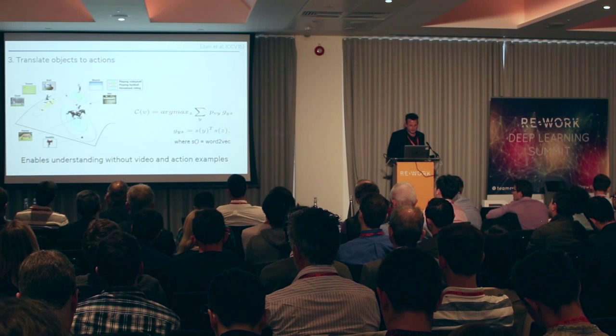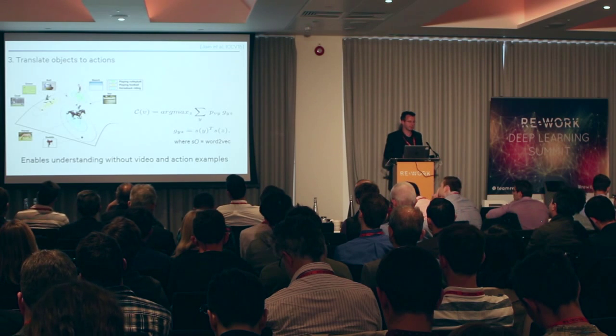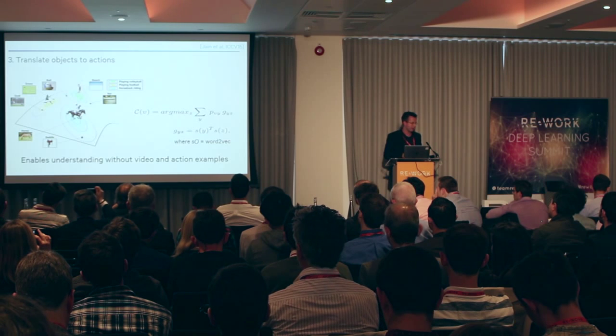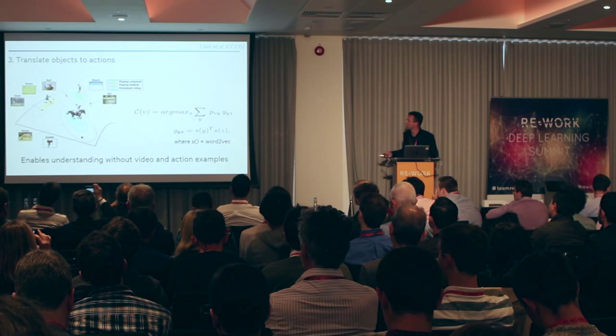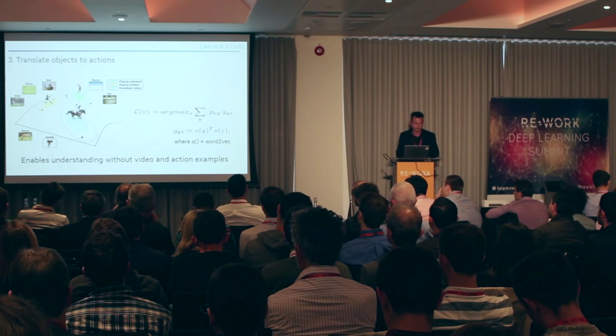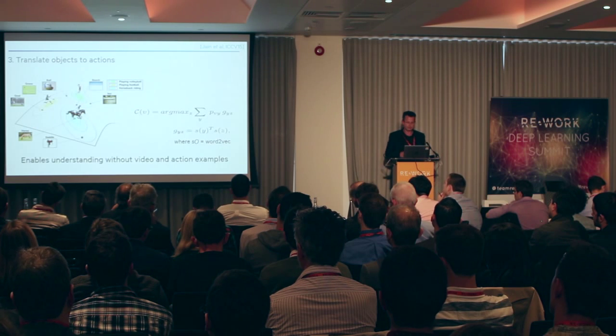This is a forthcoming ICCV paper where we basically translate objects to action so that we can do action recognition without the need of any video or action example. So you can imagine that for things like playing soccer, grass, and a ball and a goal are important objects. And we found a very simple way to achieve this.